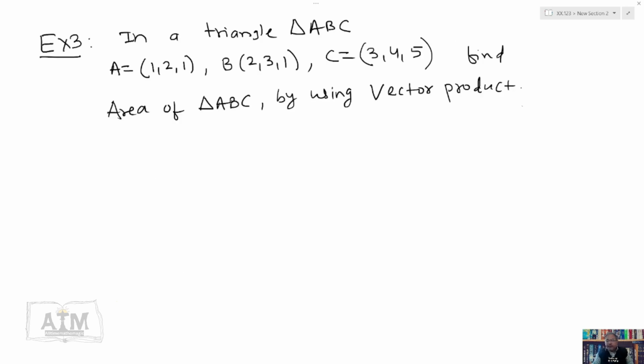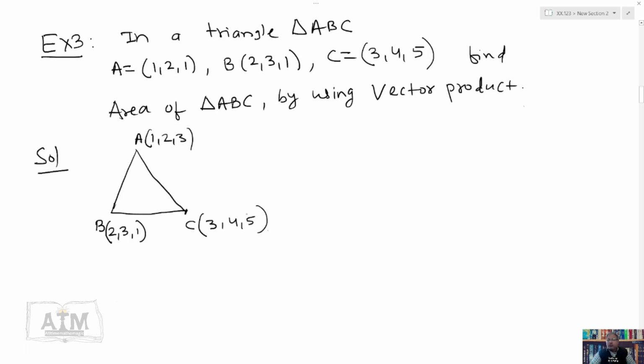Example 3. In a triangle ABC, coordinates of A, B and C are given. Find the area of triangle ABC by using the vector product. Solution: we draw a rough diagram, and now we select two sides such that one vertex is common.